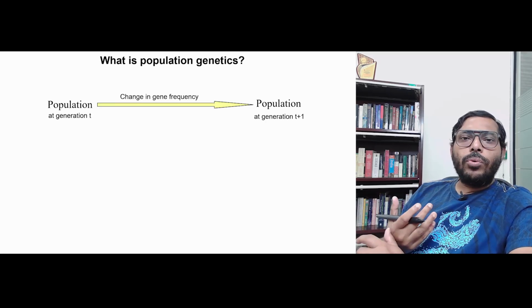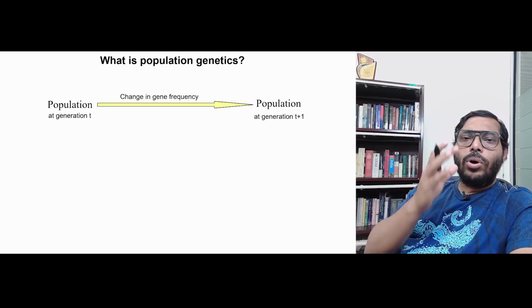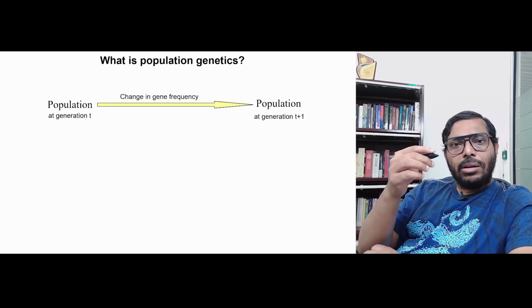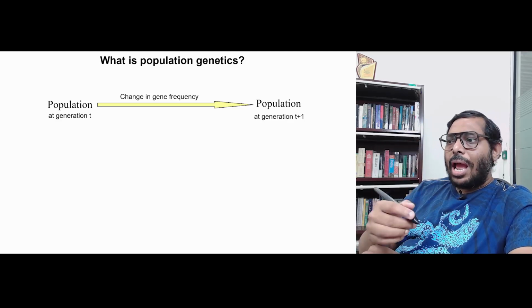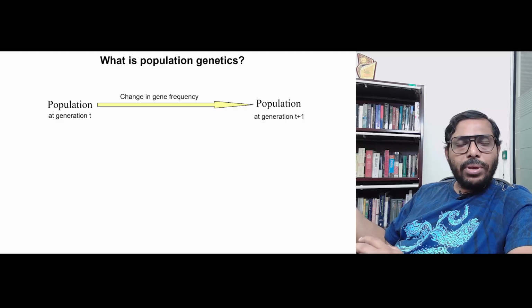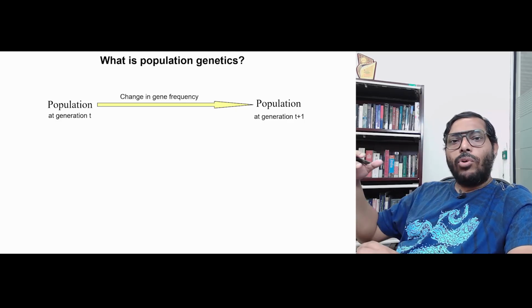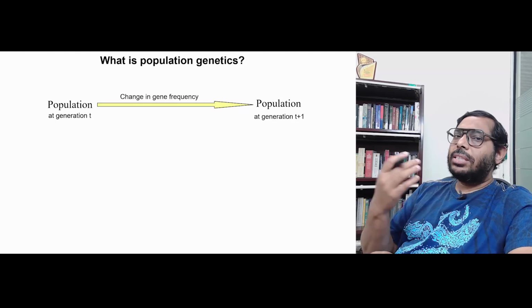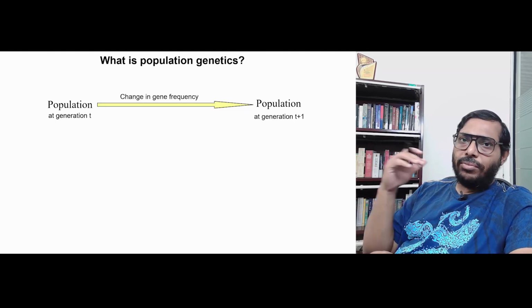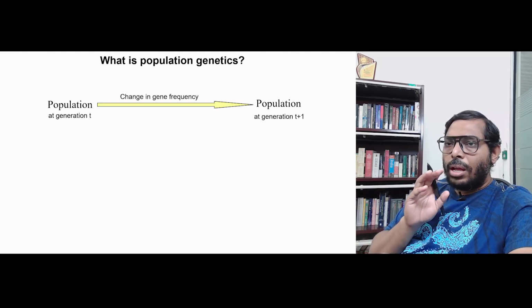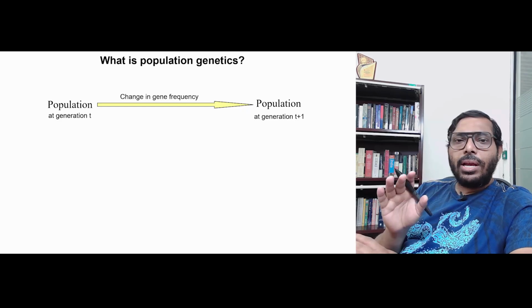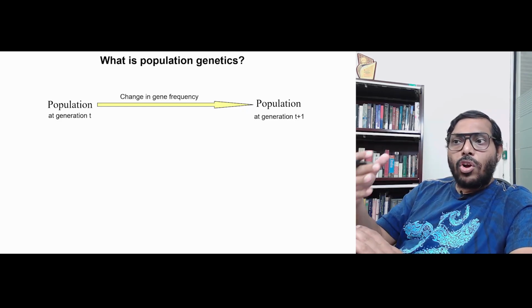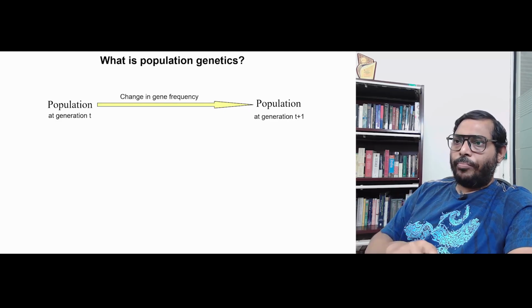Conceptually, what do you have to do? You have to go out there and measure every single individual and look at what their genotypes are, and then look at all their babies, and in the next generation look at what their genotypes are, and you can simply compute the change in gene frequencies. Now, of course, empirically this is going to be very expensive and very troublesome, but conceptually there is not much of an issue.